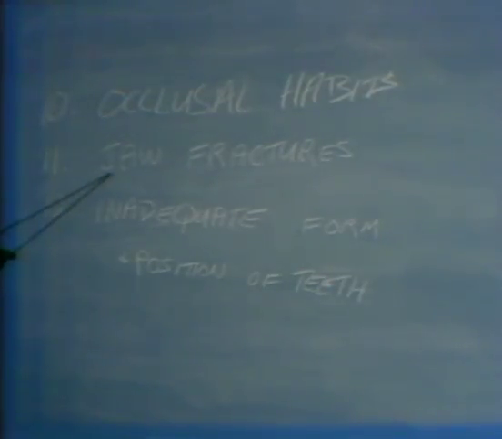The 11th type of predisposing factor would be jaw fractures, either a traumatic type of a fracture or a neat, clean oral surgical procedure for a prognathic reduction, oral surgical procedures to reposition premaxillas, and the various types of operations like this.